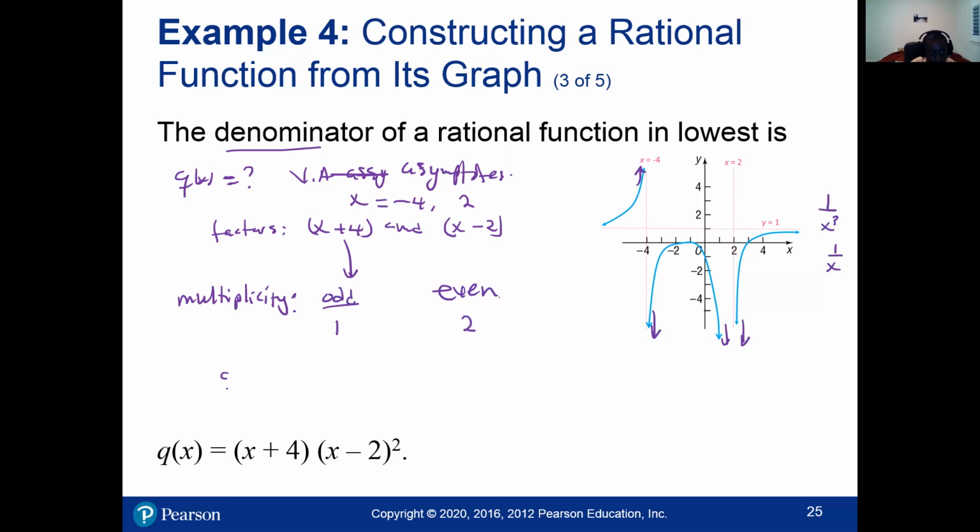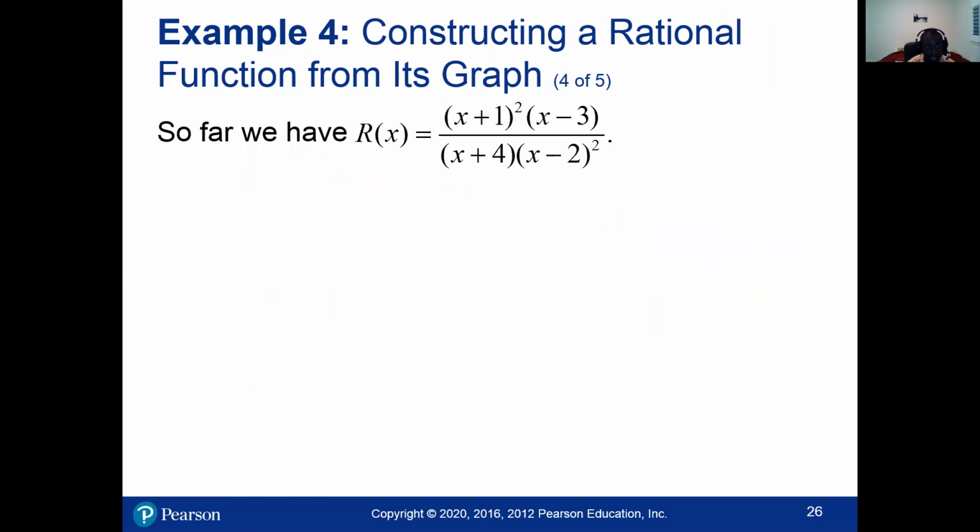Therefore the denominator, q of x, will have the factors x plus 4 with multiplicity 1, and x minus 2 raised to 2, multiplicity 2. If you put this together, then your rational function is p of x over q of x.